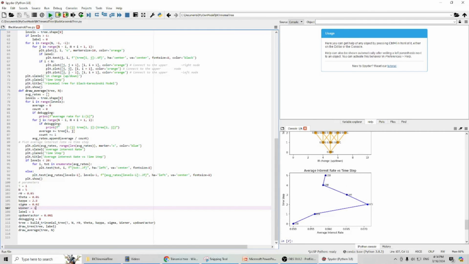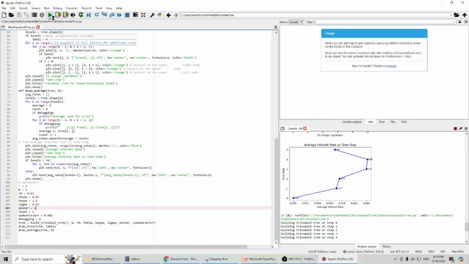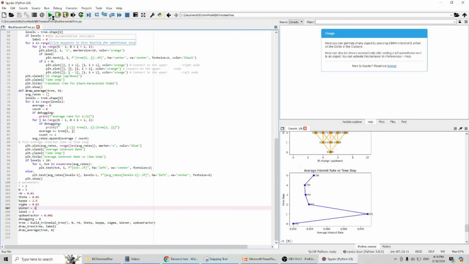If you run it again, you see it shows like this. Basically it's trying to get to this mean reversion level 0.06, but will bounce around this mean reversion level. You can see it shows something like this, something like this.